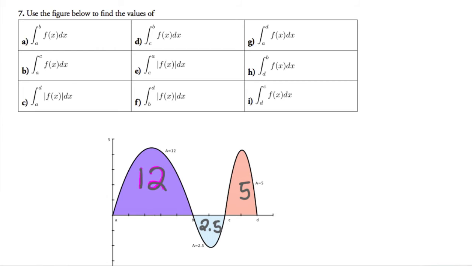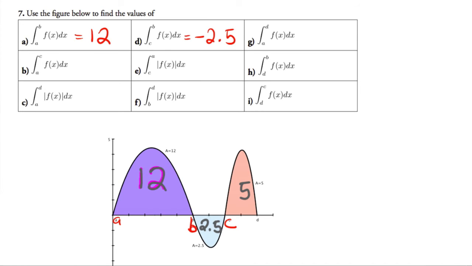Now the first one says, what's the integral from a to b of f of x dx? Well, from a to b, that integral is simply 12. That's easy. And then the one that I just said, from b to c, that is negative 2.5.